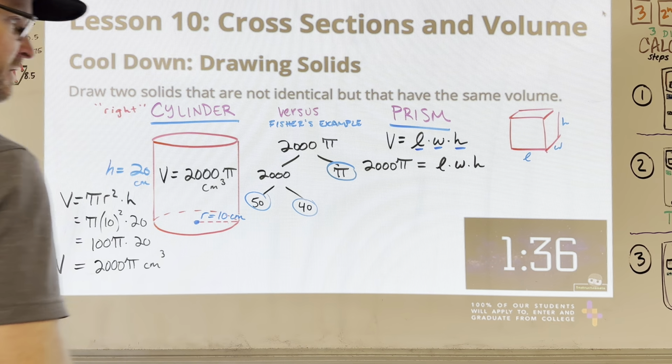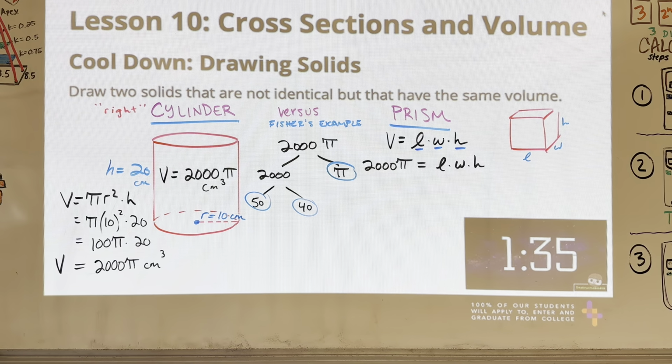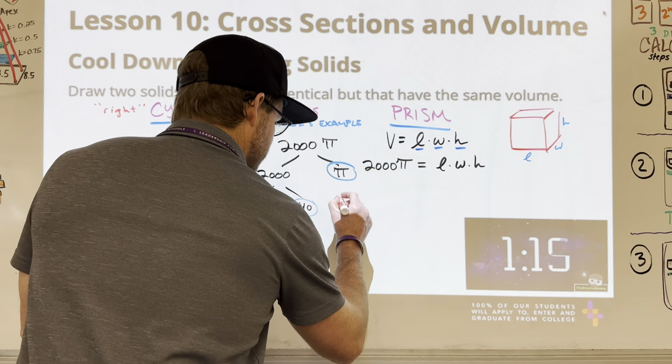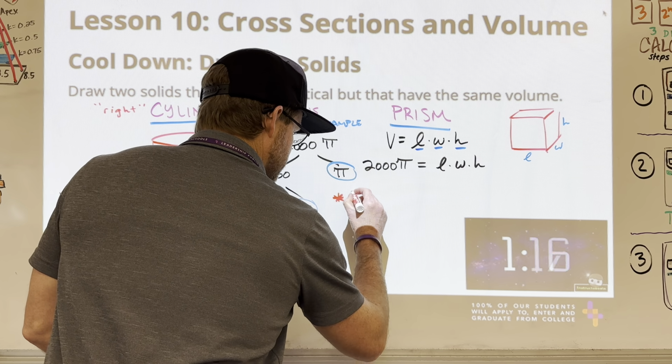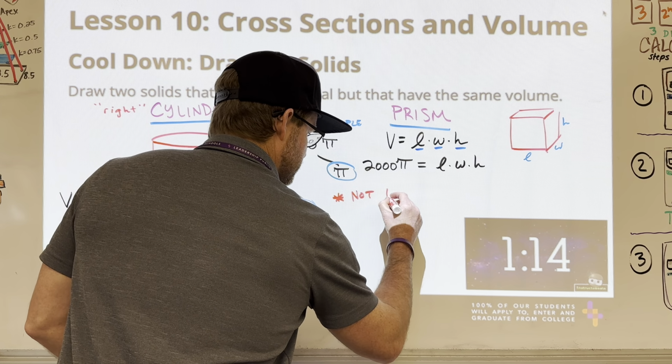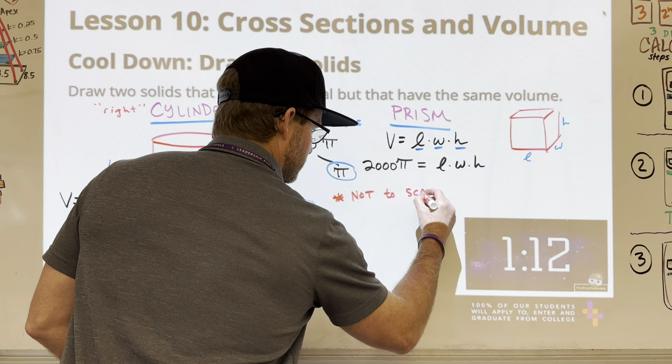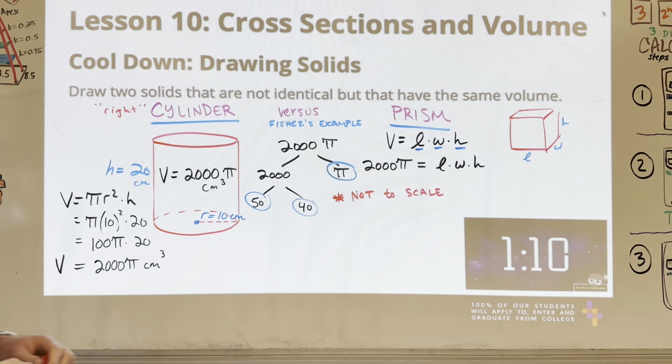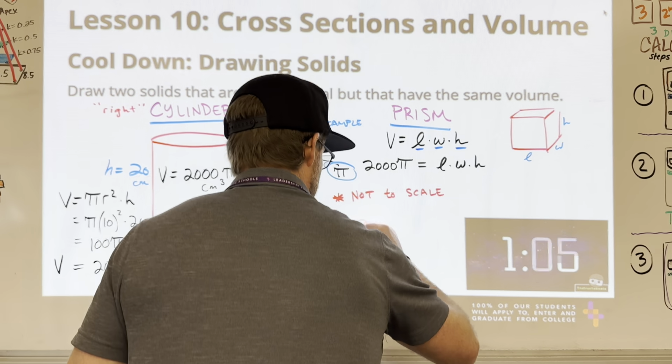So let me draw a prism with 50, 40, and 3.14. Let me just see how I could do that. All right, I'm just gonna make a little thing. This is not to scale. Not to scale, but here we go.